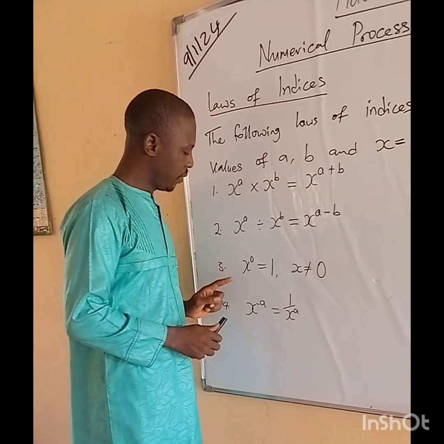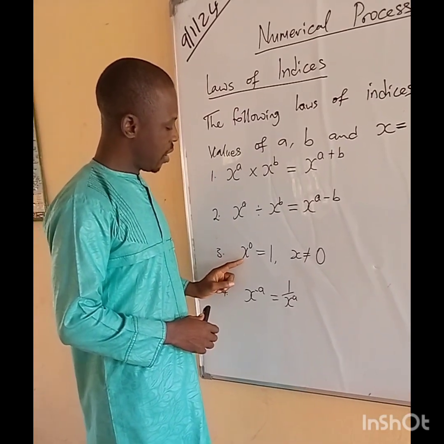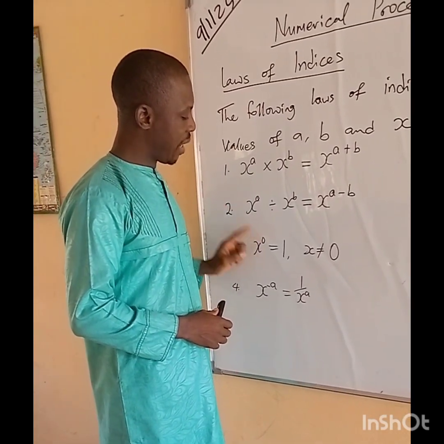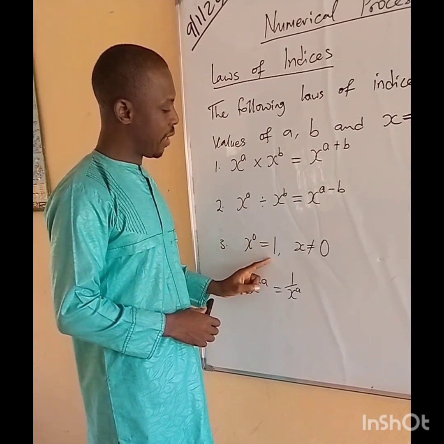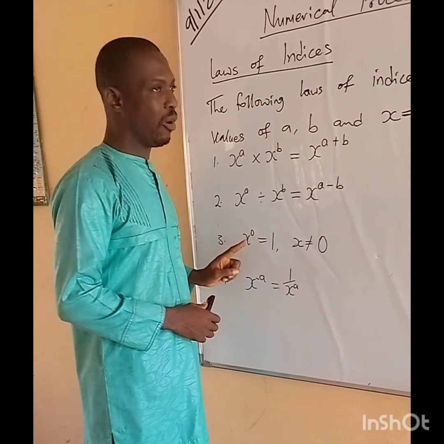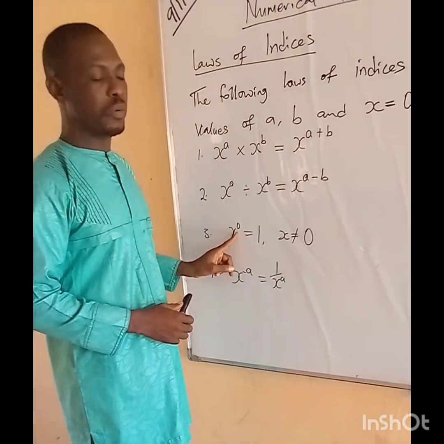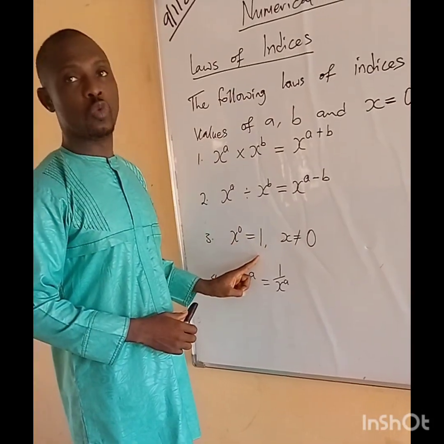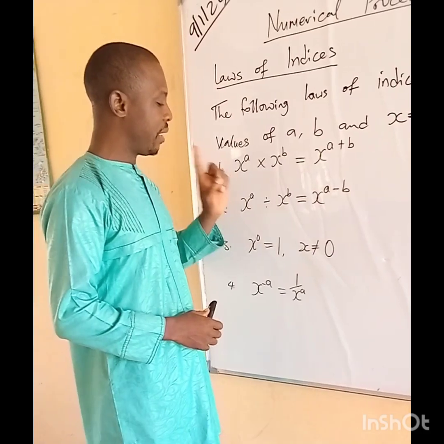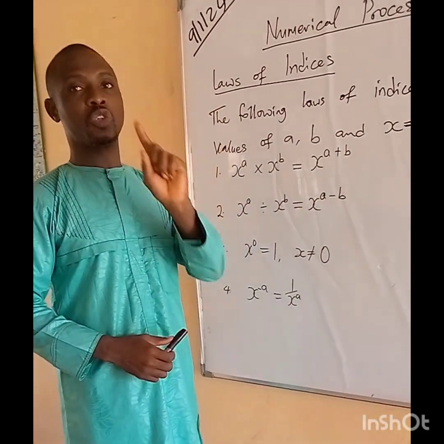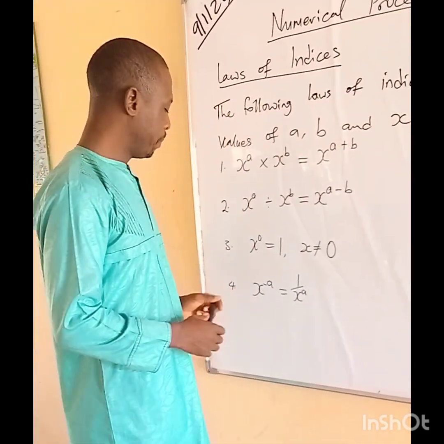And 3 is x raised to power 0, which is equal to 1. That means any number or any figure or value that has the power of 0 is equal to 1. Even 1 million raised to power 0 is also equal to 1.